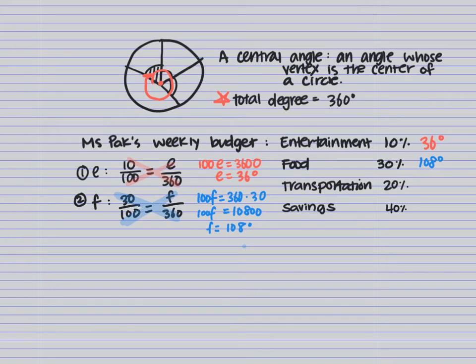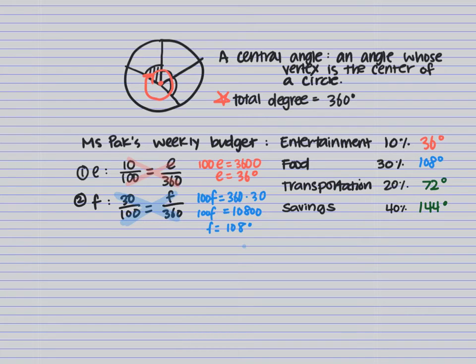Okay, so you can continue doing this method for finding E and F in proportional ways, or you can find out the 10% and then just multiply if your question is nice enough to give you 10, 20, 30, 40 for your answers. So just to give you the final answer, I'm going to write down transportation is going to be 72 degrees because it's 2 times 36, and then 40% is going to be 2 times of that, so it's going to be 144 degrees.